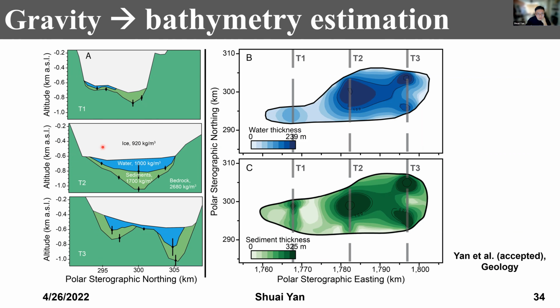And when we interpolate those profiles together, we get the water thickness map and sediment thickness map on the right. Because it is interpolated from separate profiles, this map essentially is a conservative estimation of the water volume and sediment volume.